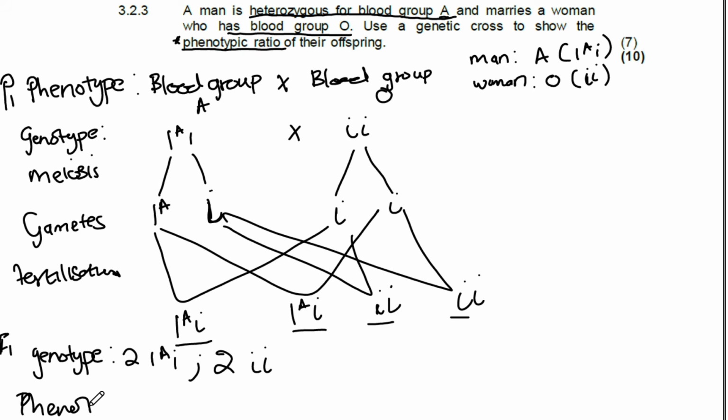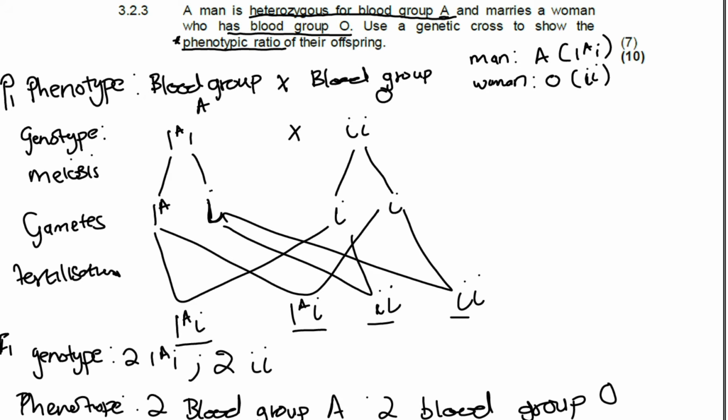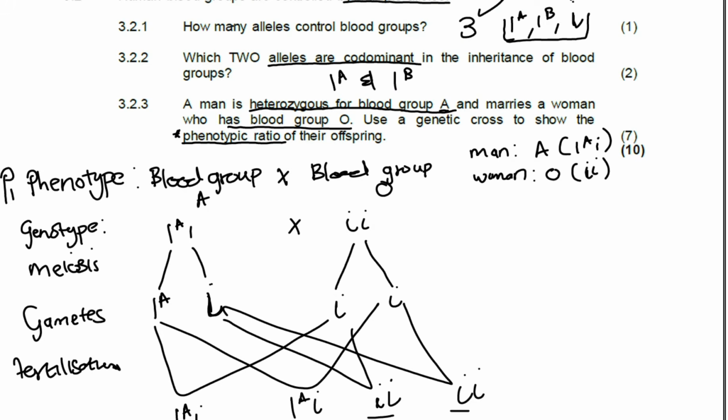Then the phenotype: two of blood group A, you don't just write two of A, and two of blood group O. Now we need to answer the question, guys.